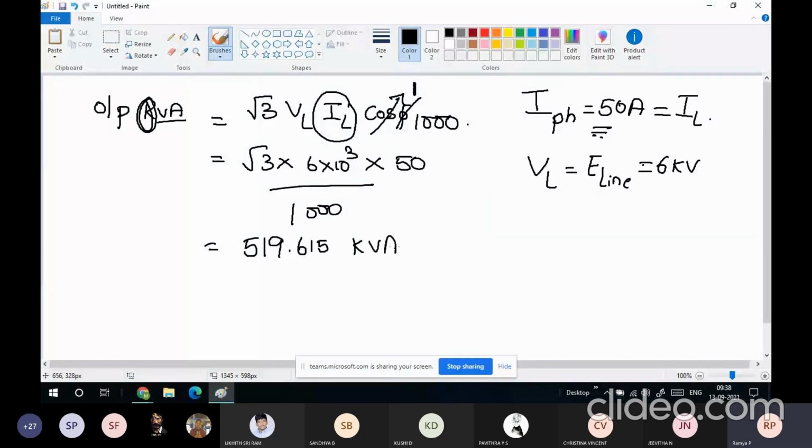Why is it kVA? Because for retaining kVA I have divided here by the extra 1000. If not, you can leave this 1000. You can calculate only for this, and then you shift the decimal point in such a way that you maintain the unit in terms of kVA.